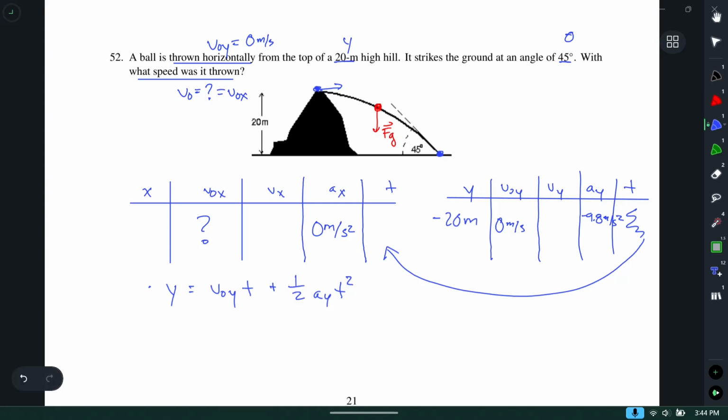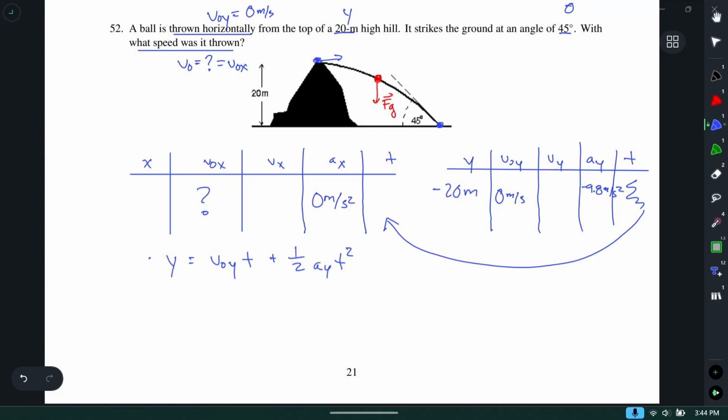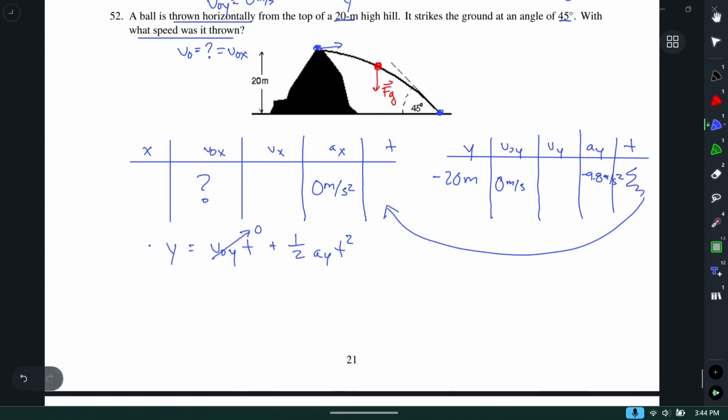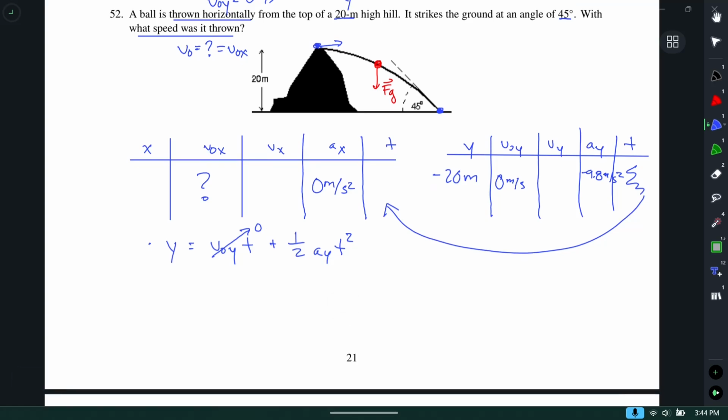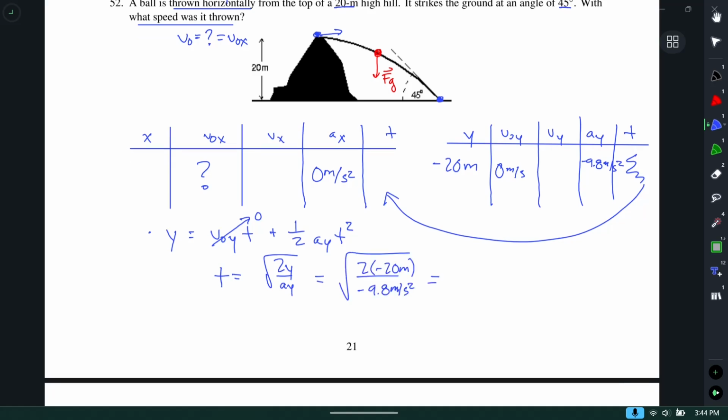Okay. All right, so now I'm going to find the time here. So time is the square root of 2y over ay. Let me calculate that. About 2.02 seconds.